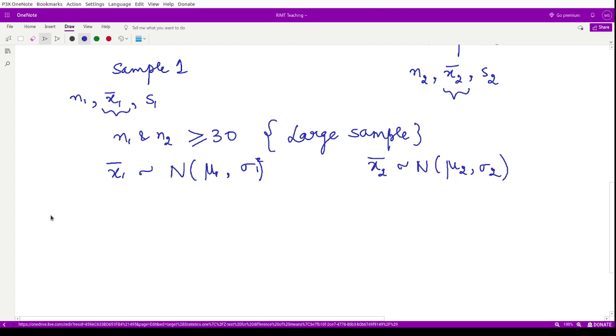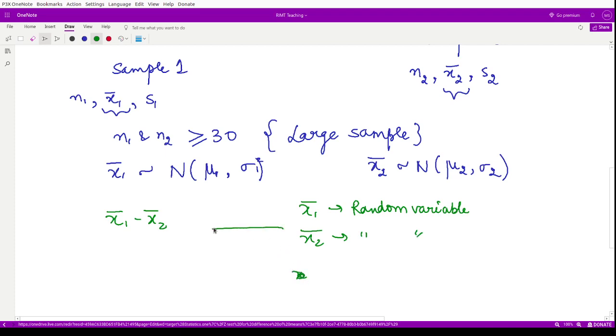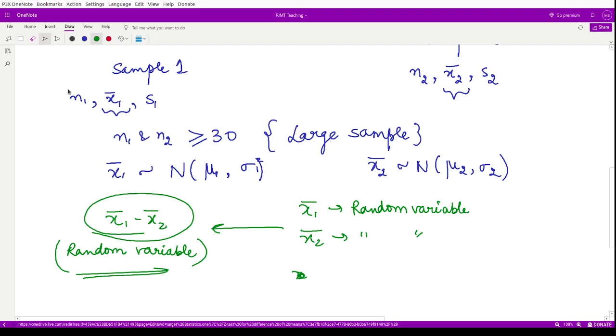Now we will define another variable, which is x1 bar minus x2 bar. If x1 bar is a random variable and x2 bar is another random variable, right, the difference would also be a random variable following the normal distribution. So now our focus would be to apply the test onto this variable x1 bar minus x2 bar.